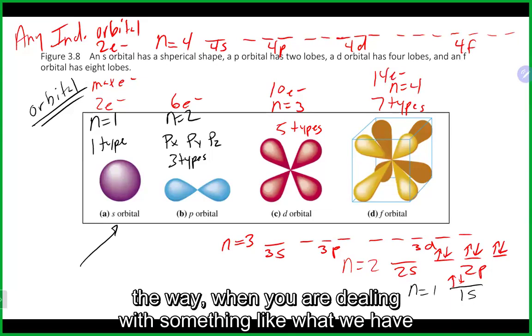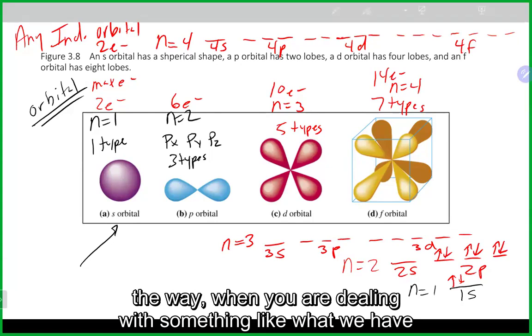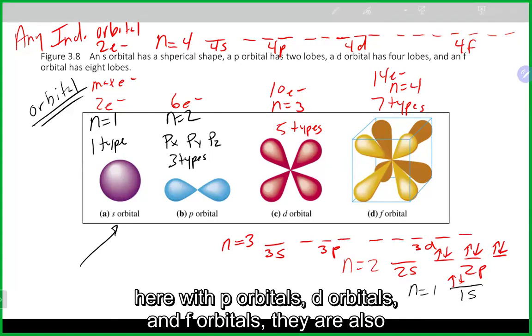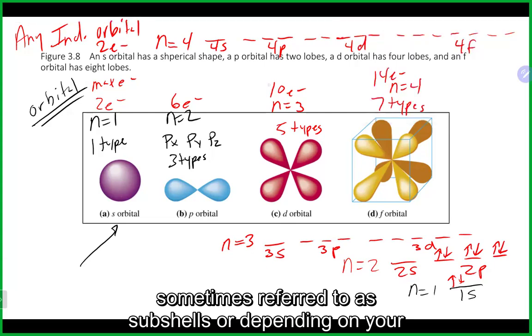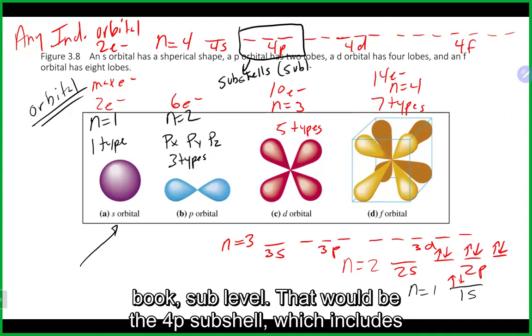By the way, when you are dealing with something like what we have here with p orbitals, d orbitals, and f orbitals, they are also sometimes referred to as subshells, or depending on your book, sublevel.